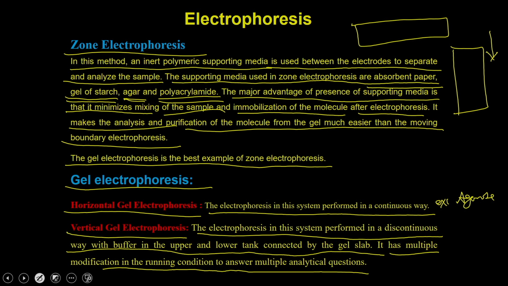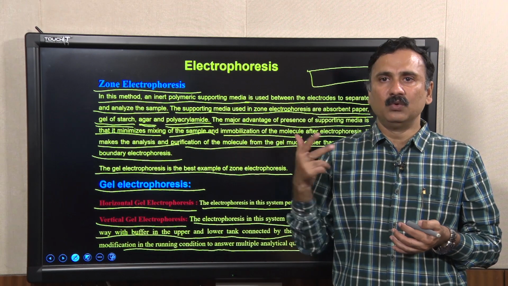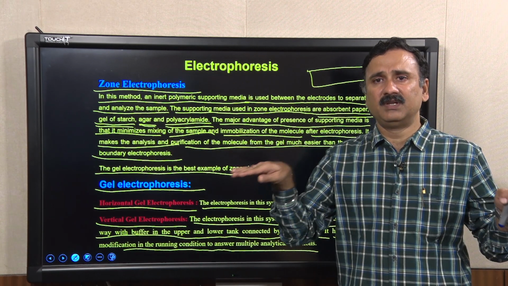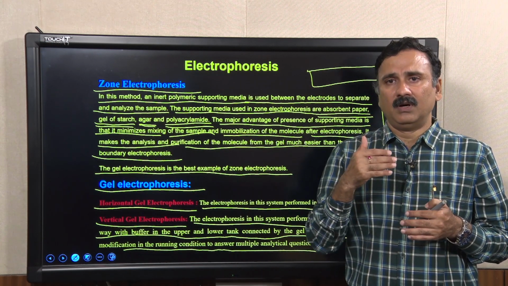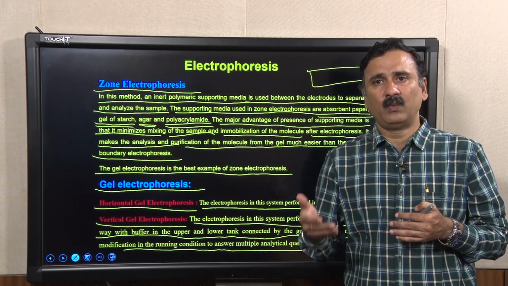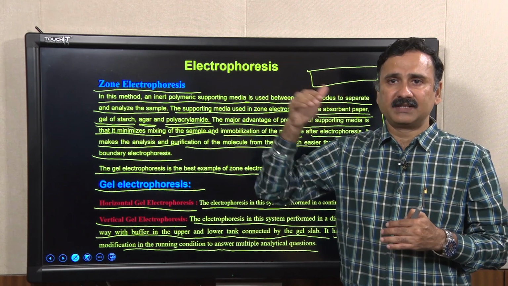So, this zone electrophoresis is also called gel electrophoresis, and it can be performed in two different modes, either horizontal gel electrophoresis where the system is continuous, or vertical electrophoresis where the system is discontinuous and the gel is placed between the upper and the lower tanks.